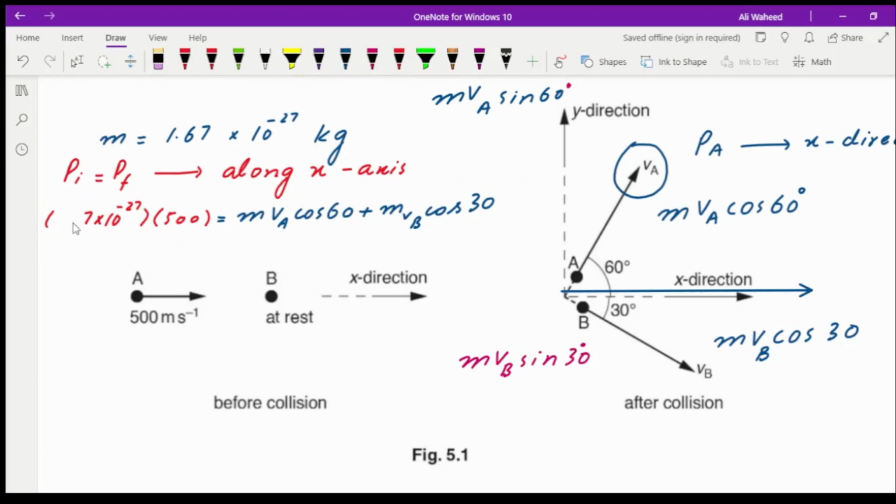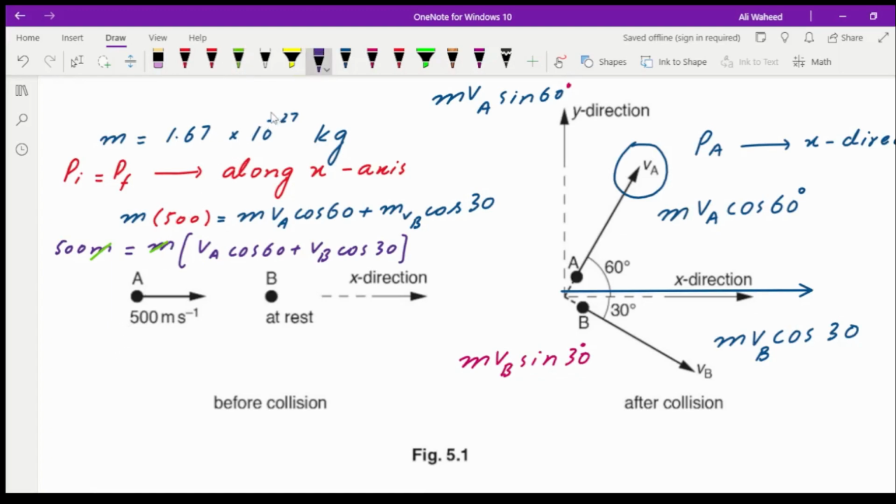Let me not insert the value for mass. I'm going to write M as it is, because in that way I can cancel out mass on both sides. So I'll be writing 500 M on the left side, and on the right side I'm going to take M common, and what are you left with? VA cos 60 plus VB cos 30. And then you can cancel mass on both sides.